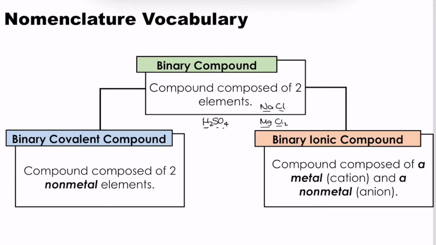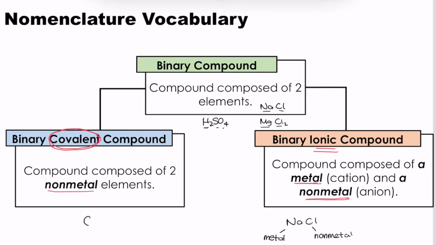And then another thing to keep in mind is knowing that 2 non-metal elements put together, that non-metal compound is called a covalent compound, whereas if it's made up of a metal and a non-metal, that is called an ionic compound. So if you know from earlier that same example, NaCl, sodium is a metal, chlorine is a non-metal, and so that's how I know that this is an ionic compound.